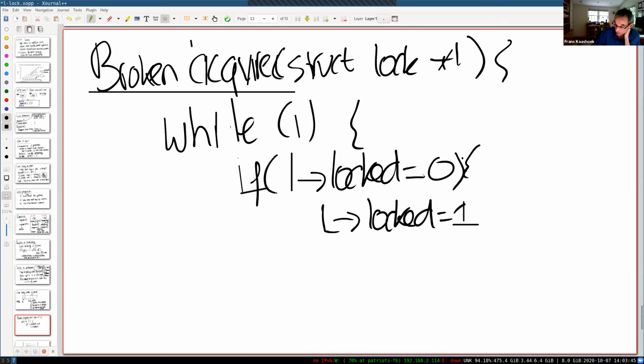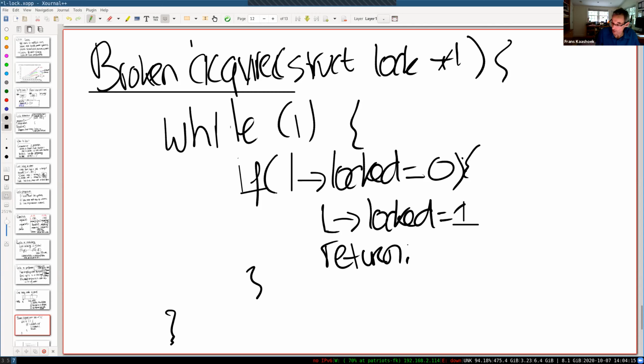And at that point we got the lock, so we can return. Nothing to do anymore. And close the loop. If we didn't get the lock, because the lock was 1, that means somebody else is holding the lock, so we just keep spinning. We go around the loop over and over until at some point the lock holder calls release, which will set lock to 0.